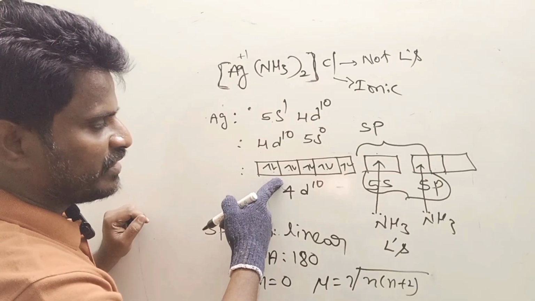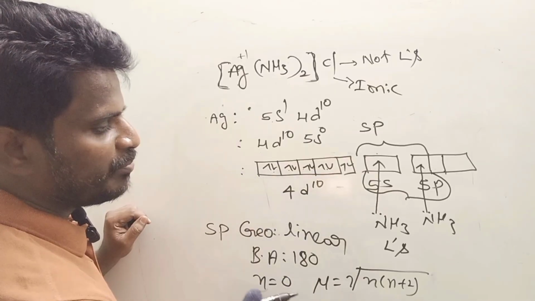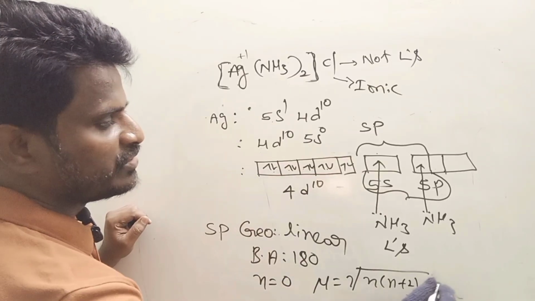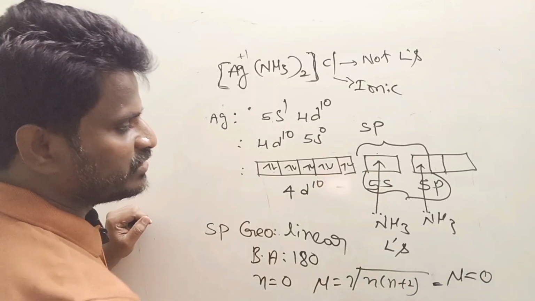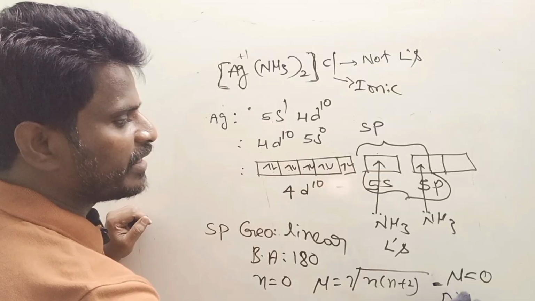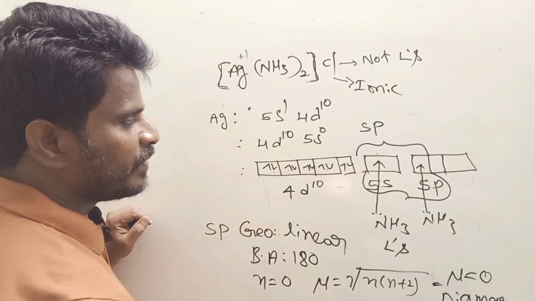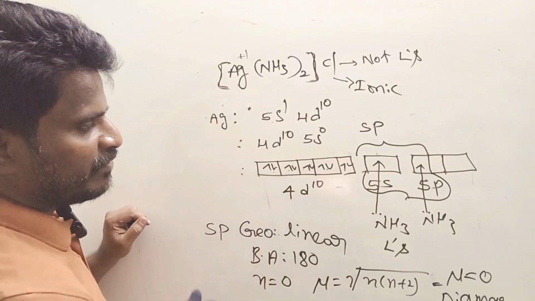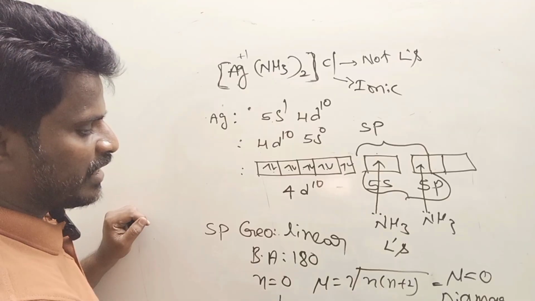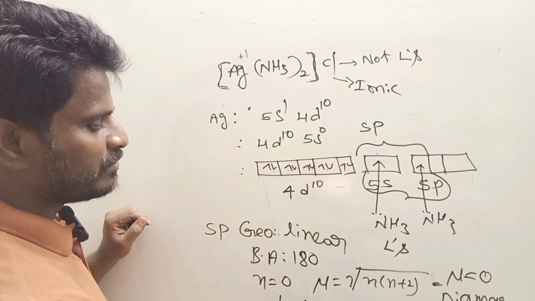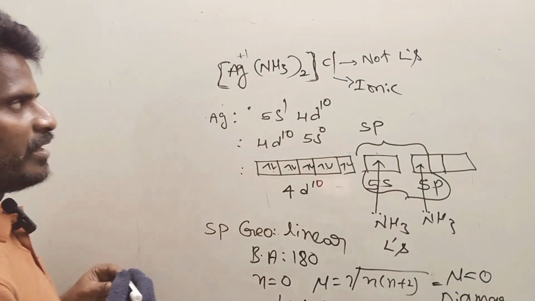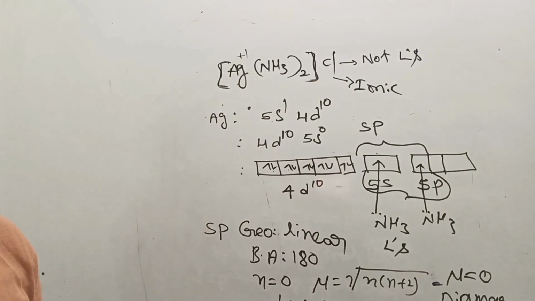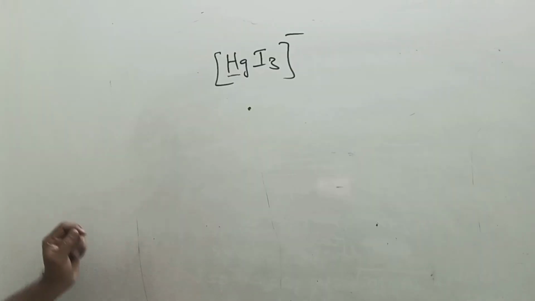After formation, it has no unpaired electron, so n is 0, magnetic moment is 0, and it is diamagnetic. And there is no change in the 4d electronic configuration, so it is a high spin complex. That is the hybridization of the silver complex.